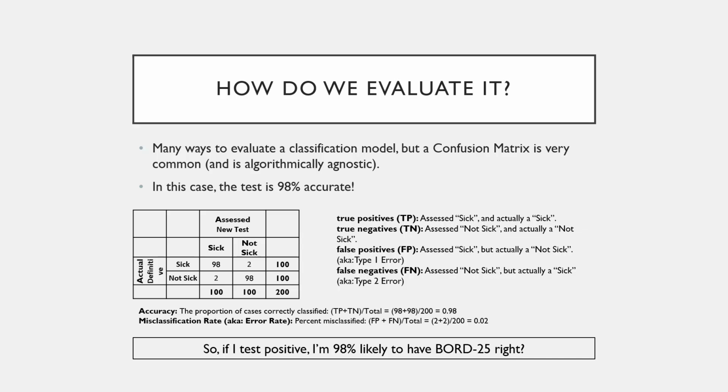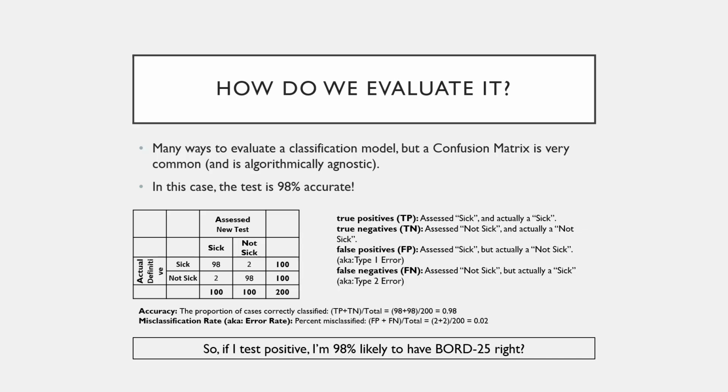We've looked at 200 people with our new test. 100 of them were sick and 100 of them were not sick. And then we applied our test to it. And we saw that it also assessed 100 people as being sick and 100 people as being not sick, but it wasn't perfect. So for example, among the sick people, there were 98 people that were sick, and the new test correctly identified them as being sick.